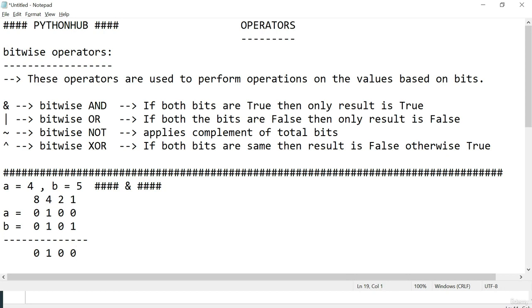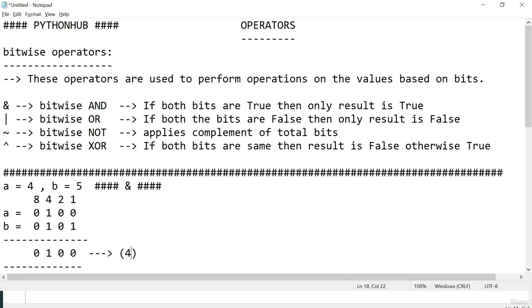So my output is 0100. If I put 0100 in decimal format, the value is 4 only. In this way we can apply the bitwise AND operator between two variables.